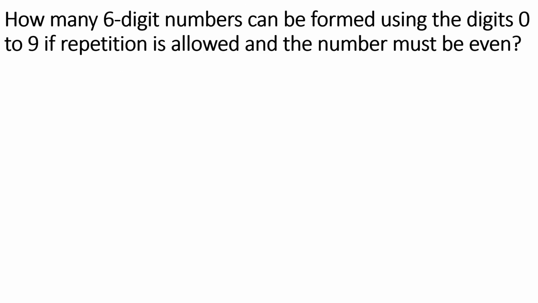In how many ways can a 6-digit number be formed using the digits 0 to 9, if the repetition is allowed and the number must be even? Okay, so the given digits are 0, 1, 2, 3, 4, 5, 6, 7, 8, 9. A total of 10 digits are there, but we have to take only a 6-digit number, right?